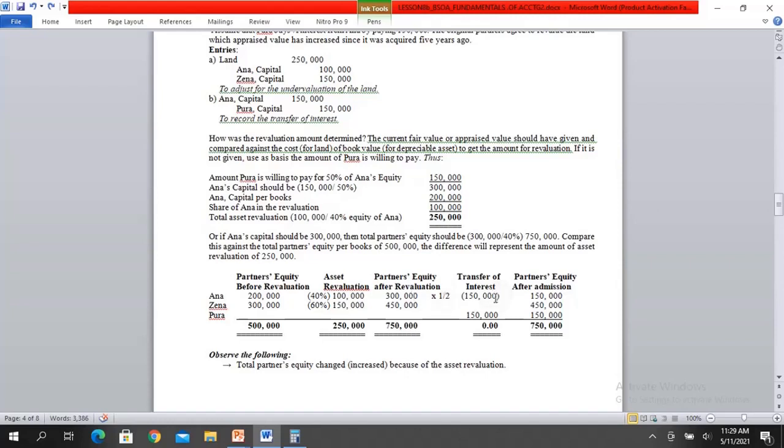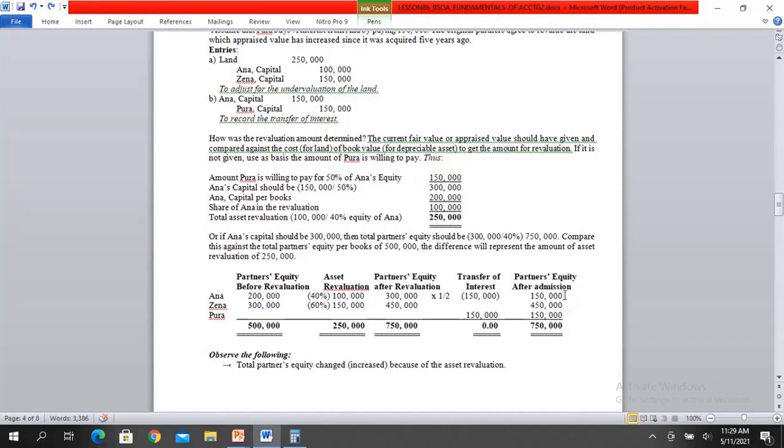Babawasan natin ng 150,000 tong partner's equity ni Ana, kaya naging 150,000 lang yung partner's equity ni Ana after admission. Kay Zina, it remains 450,000 kasi wala siyang binenta. Ngayon, itong 150,000 na interest ni Ana, itatransfer na natin kay Pura kasi binili ni Pura yan. Kaya 150,000 din yung partner's equity ni Pura after admission.